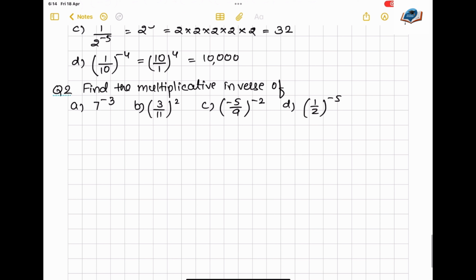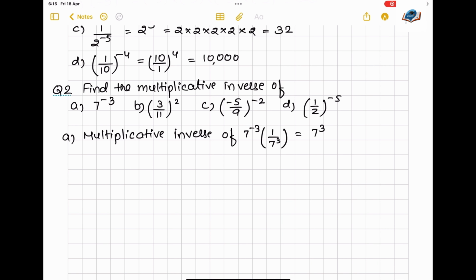So see, can I say directly the multiplicative inverse of 7 raised to minus 3, that is 1 upon 7 cube, will be equal to 7 raised to 3.